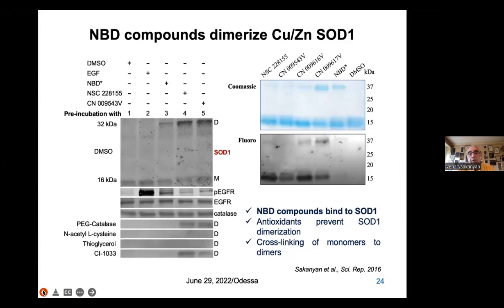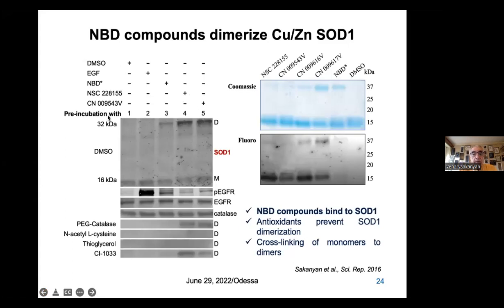It's in a eukaryotic system, a coenzyme-dependent enzyme. So it's a 15 kilodalton protein. It's about here, you have a 15, 16 kilodalton protein. And what we have here is an action of these compounds on the formation of dimers.